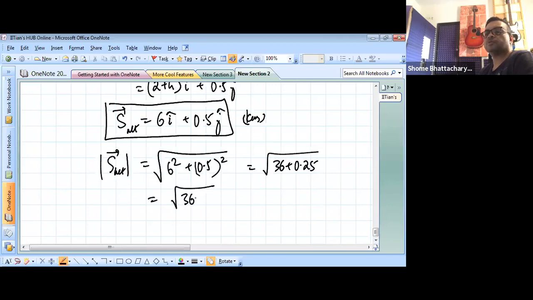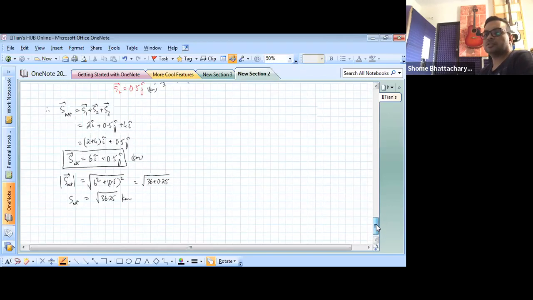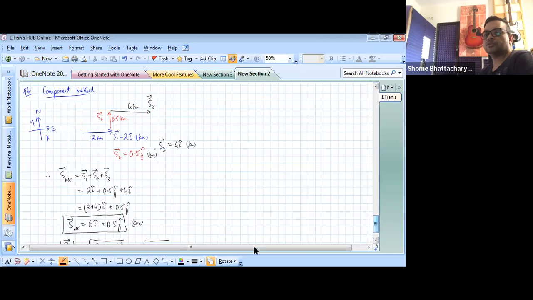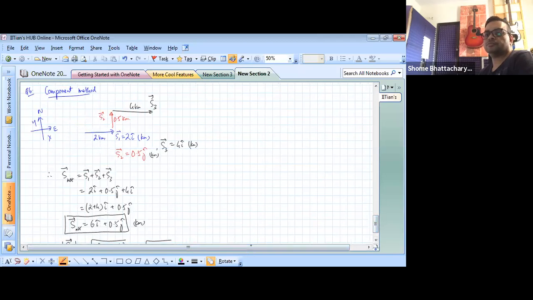So this will become the square root of 36.25. This is the net displacement's magnitude after solving it by the component method. You can make a note of this if you want. So this was the 6th question. Go through it once more and we'll discuss the 7th question next.